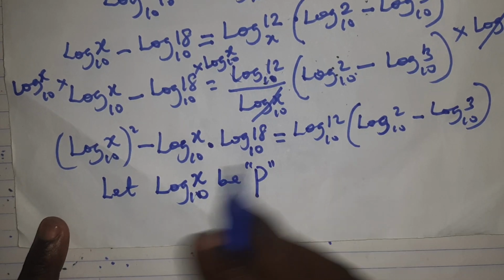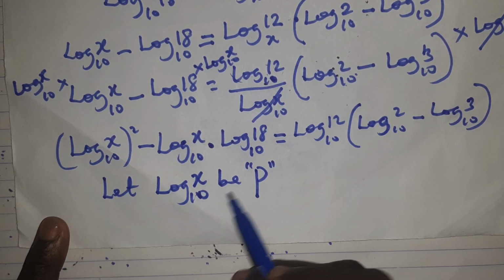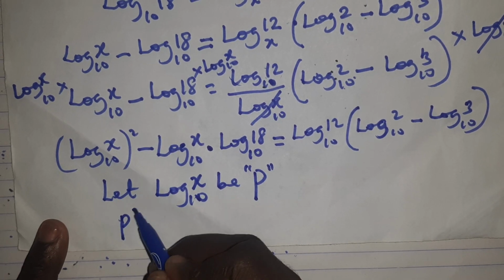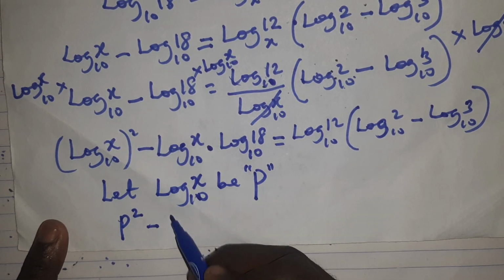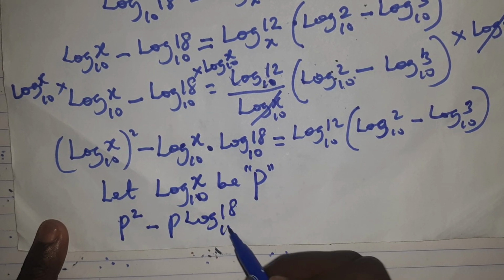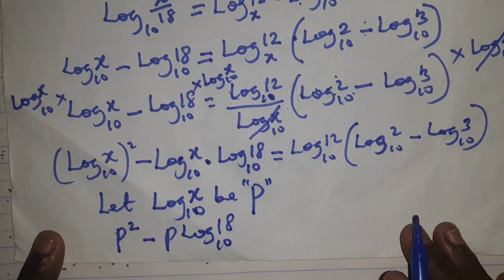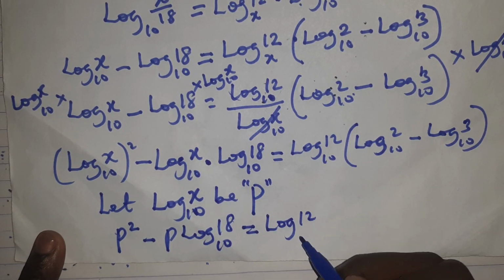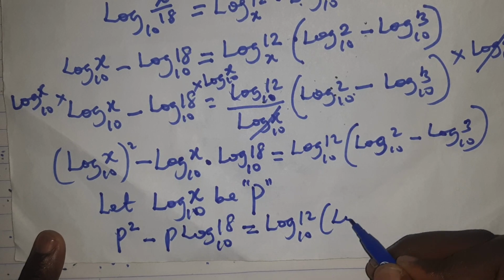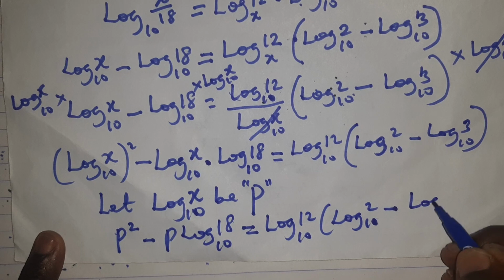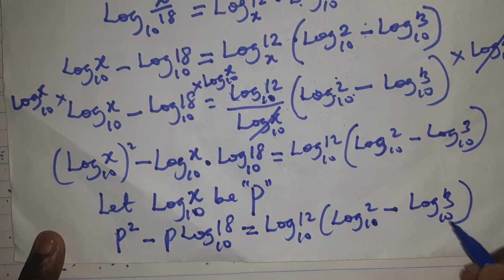So we now have p raised to power 2 minus p log 18 base 10 equals log 12 base 10, open bracket, log 2 base 10 minus log 3 base 10.